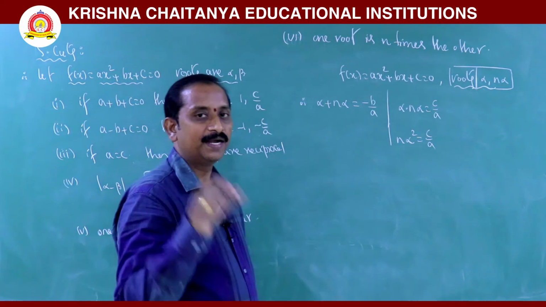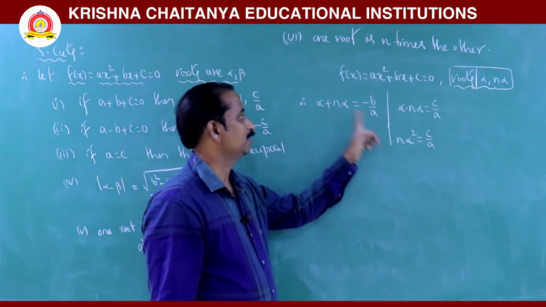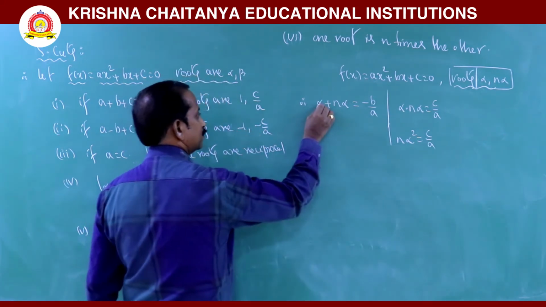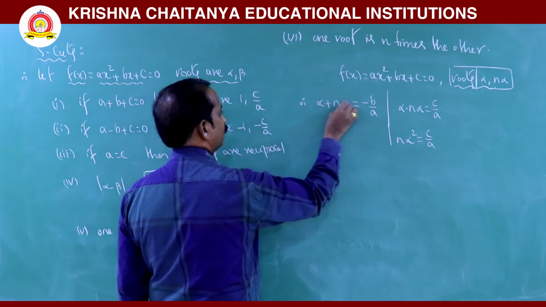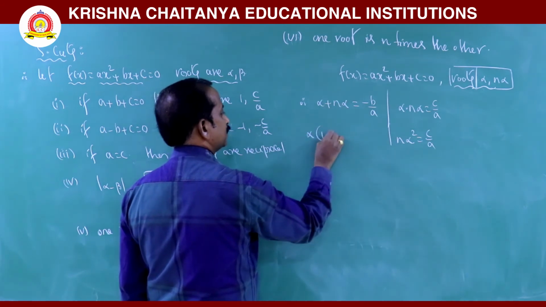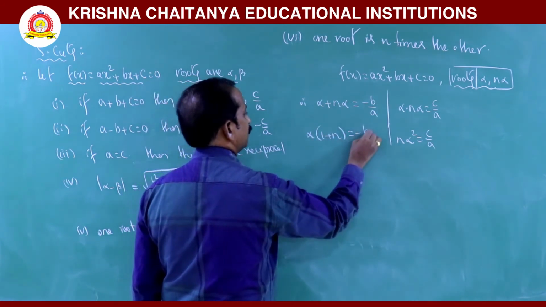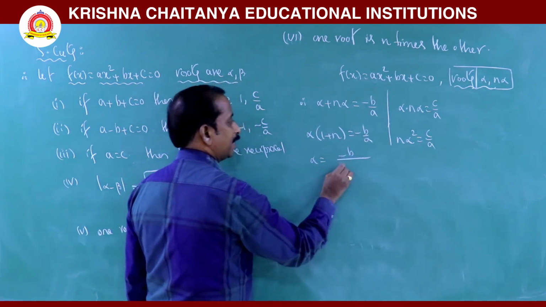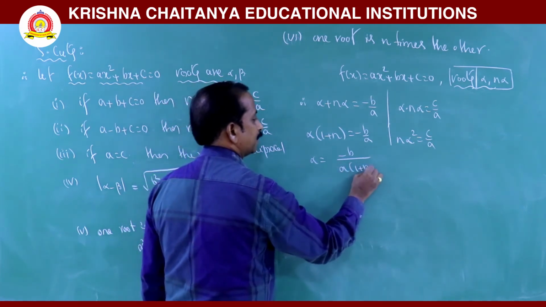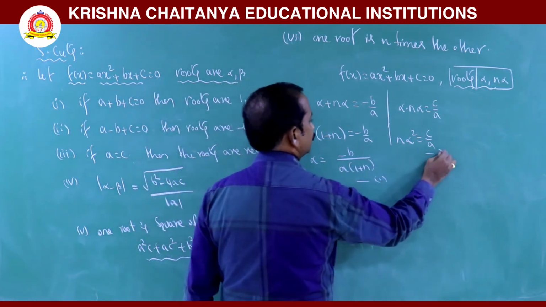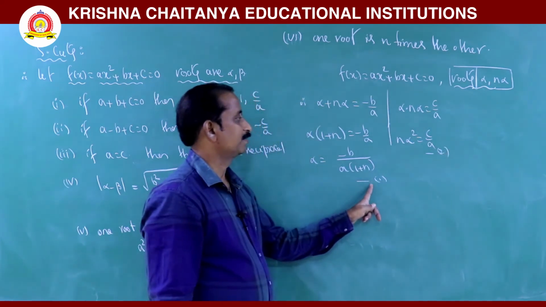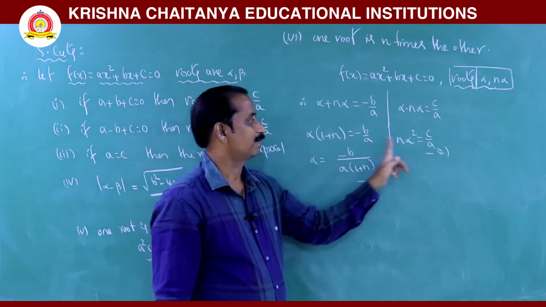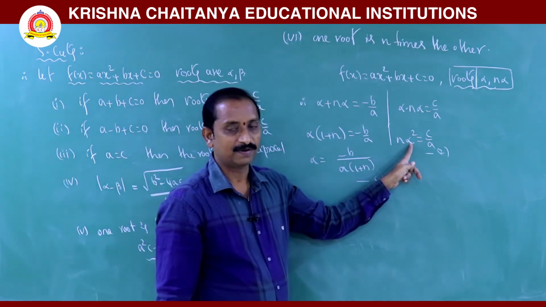We can derive a condition when from these two equations we are eliminating alpha. So what is alpha from this equation? Take out alpha common, then 1 plus n is equal to minus b by a. So alpha is nothing but minus b by a into 1 plus n. Consider this is 1, consider this is 2. Substitute equation number 1 in equation number 2, means we are replacing the value of alpha in the second equation of alpha square.